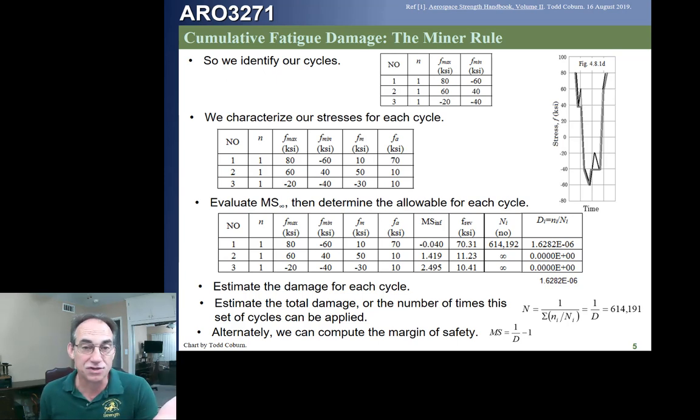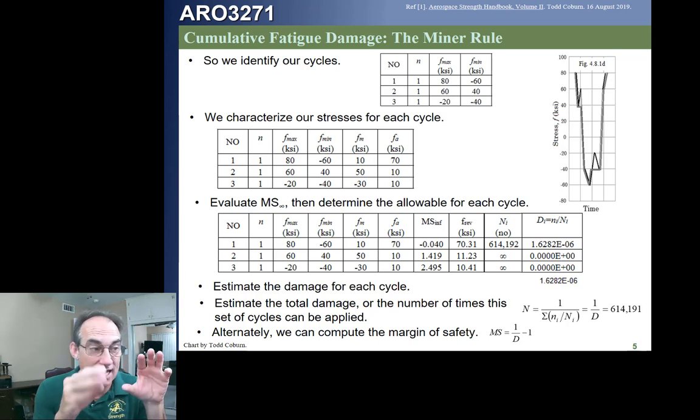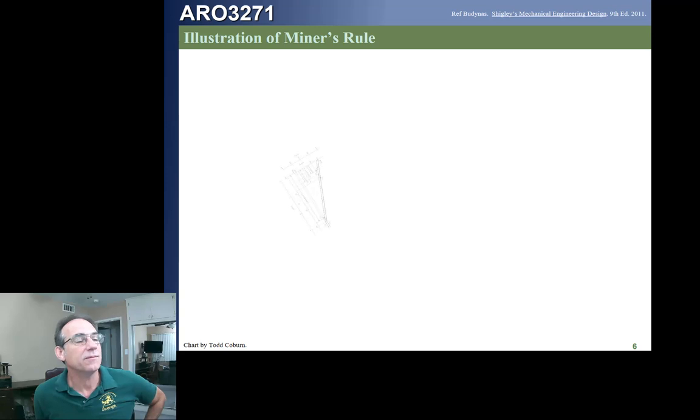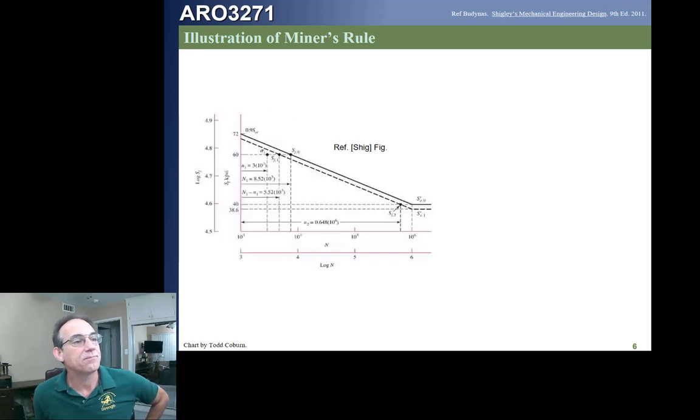Same for cycle 3, infinite. For cycle 1 alone, you'd say 614,192. For the entire stress spectrum, you'd say 614,191. And the margin of safety is just 1 over that minus 1. Okay.